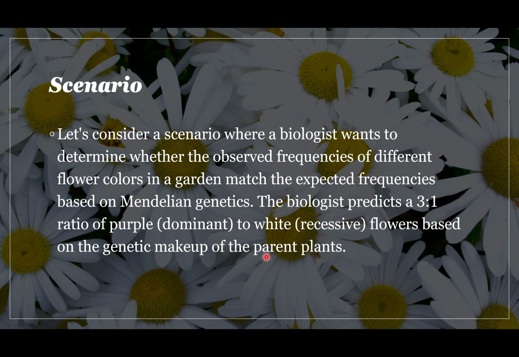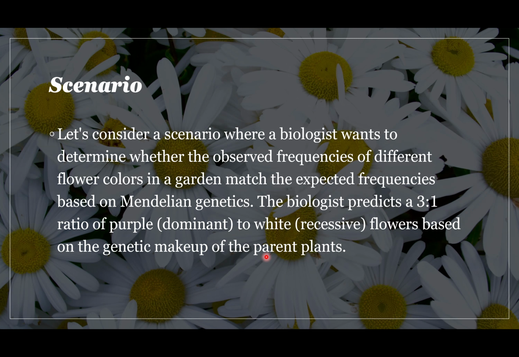So our scenario now is this. Let's consider a scenario where biologists want to determine whether the observed frequencies of different flower colors in a garden match the expected frequencies based on Mendelian genetics.